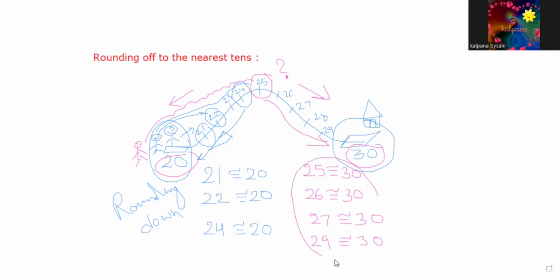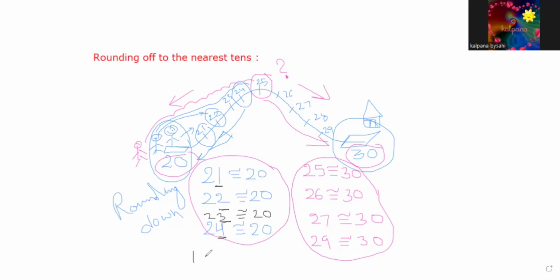By these examples, have you noticed one thing, children? Did you notice anything? Not noticed? Try. Look at the ones place. Observe. Here 23 also will come. 23 is also closer to 20. Look at the ones digit.